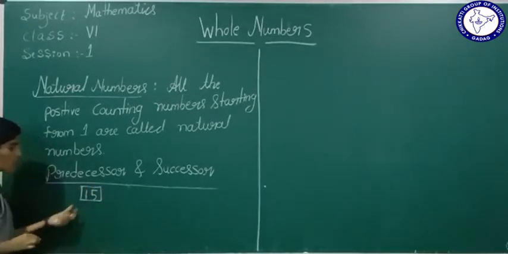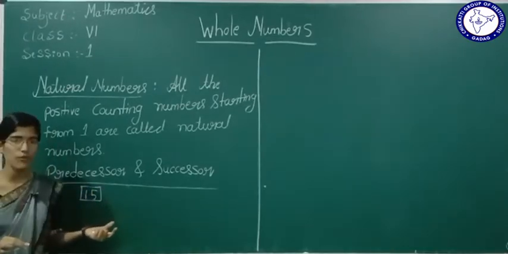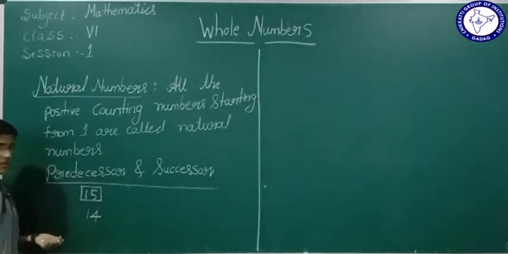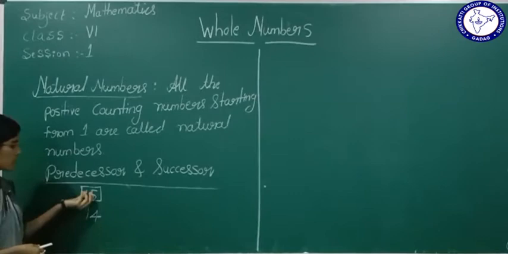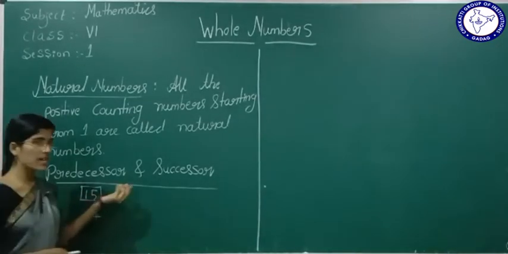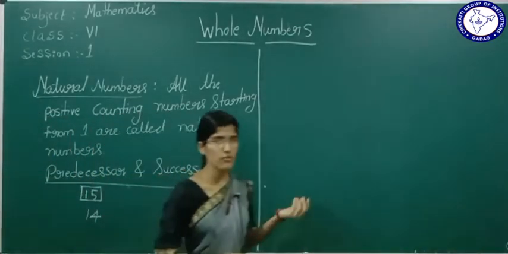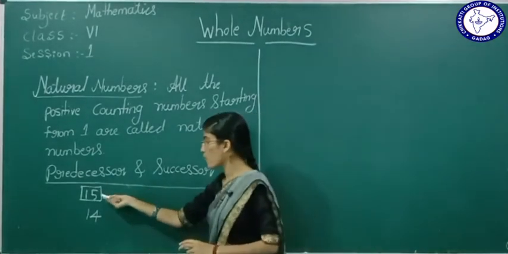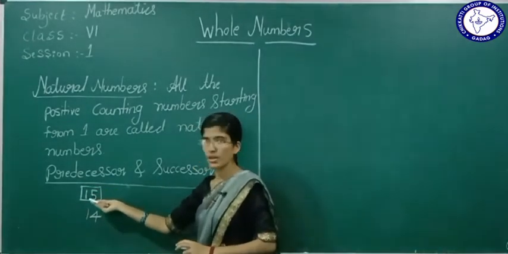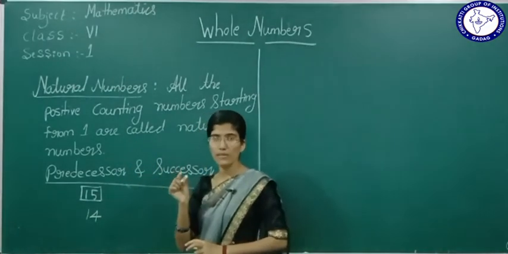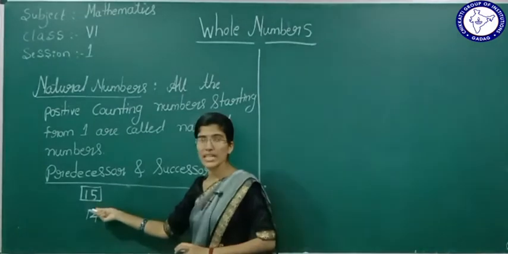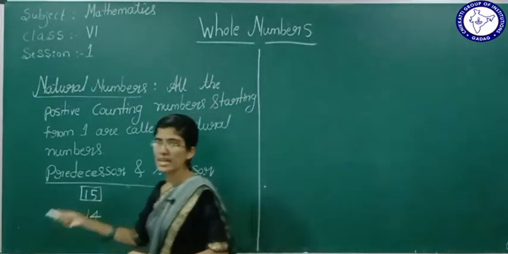What is the predecessor of 15? Yes, 14. See what we have done? 15 minus 1 we have done, right? If you subtract 1 from any natural number, we will get the predecessor of that number.